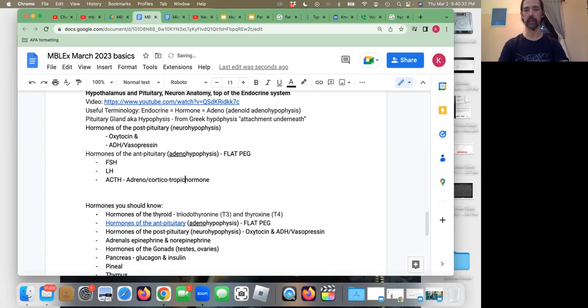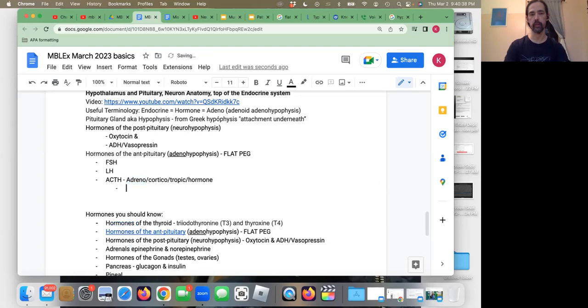And I'm just putting these slashes here to break the word up into syllables. Okay, so adreno refers to the adrenals, right? And then cortico refers to the cortex or the outside, right?